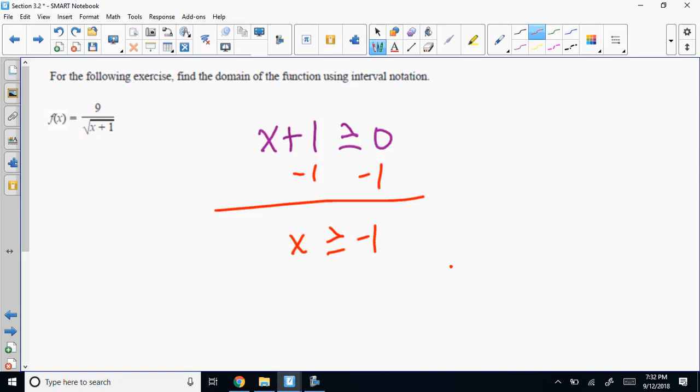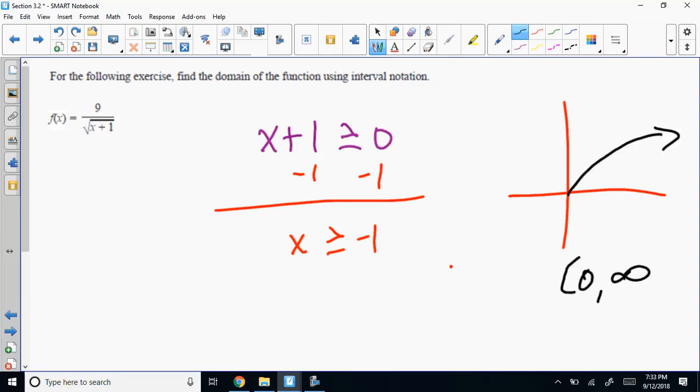Can you explain the greater than or equal to on that again? So, why is that? Why is this greater than or equal to? Because of the parent square root function domain. All right, so that's why.